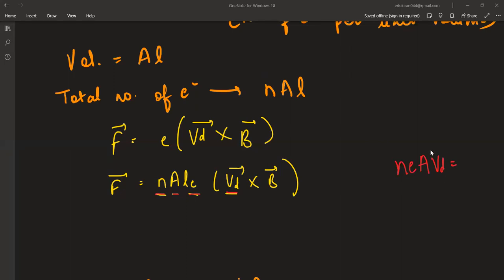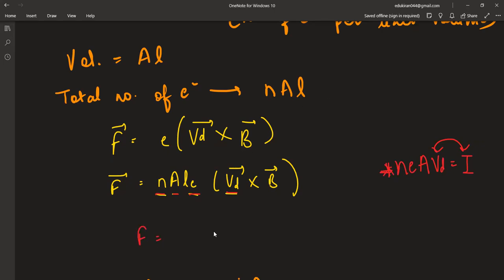Not drift velocity, drift velocity is already here. This is equal to current. I gave you a question also, the relationship between drift velocity and current. This is a very important formula. You have to remember this.